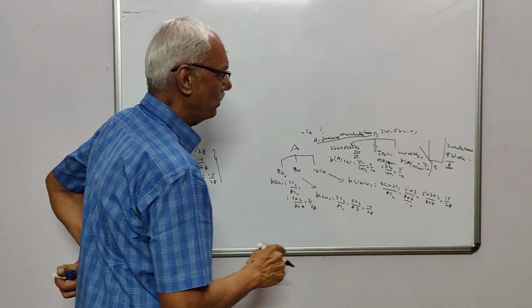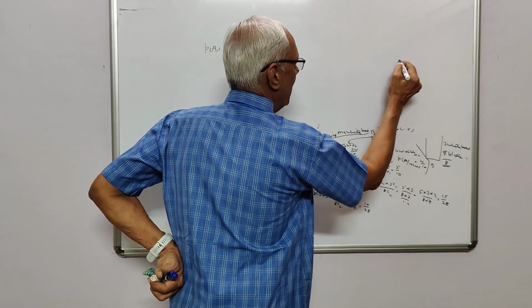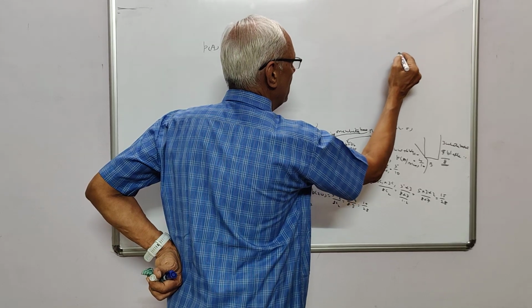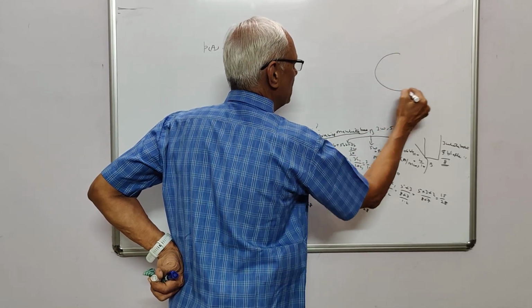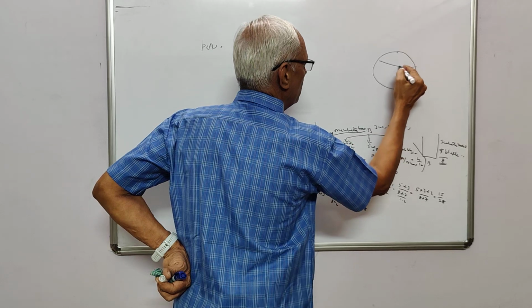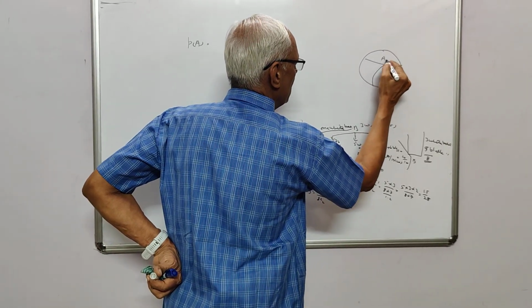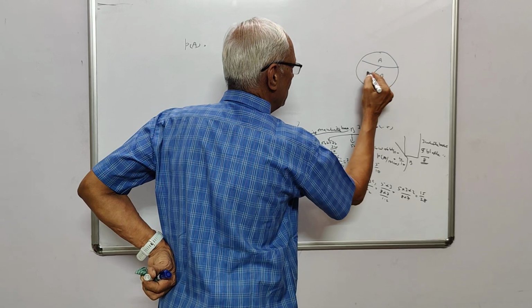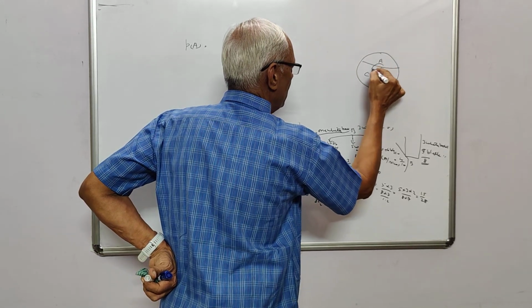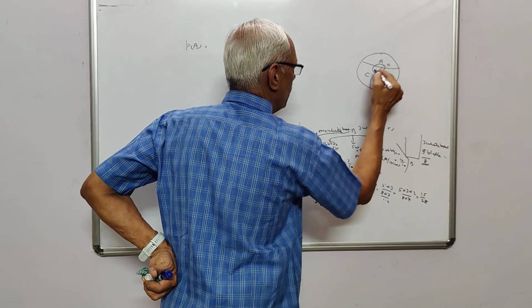What I want to tell you is, for example, let me say you have got only 3 here. Let me take this as A, this as B, and this as C, and take this as D, which is common.